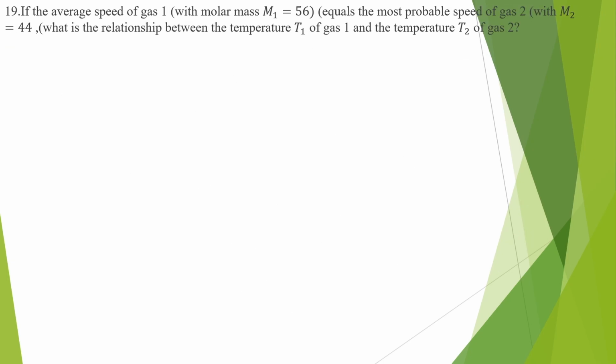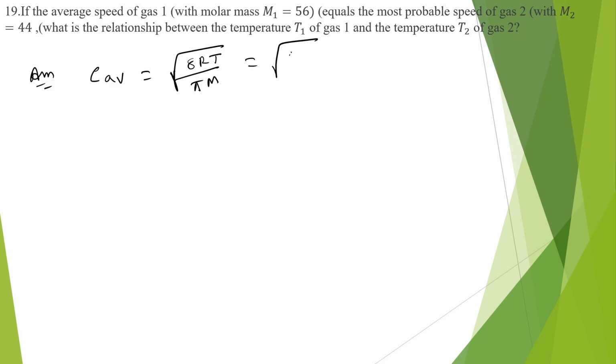If the average speed of gas 1 with molar mass 56 equals the most probable speed of gas 2 with M2 is 44, what is the relationship between the temperature T1 of gas 1 and temperature T2 of gas 2? So, average speed C average is root over 8RT by pi m.